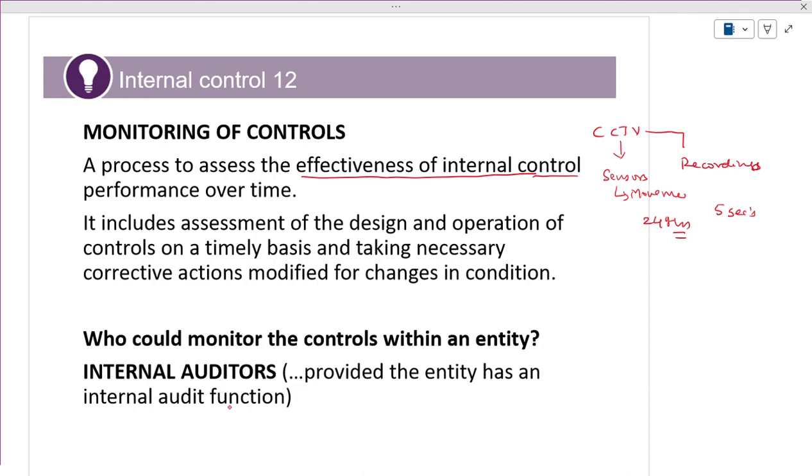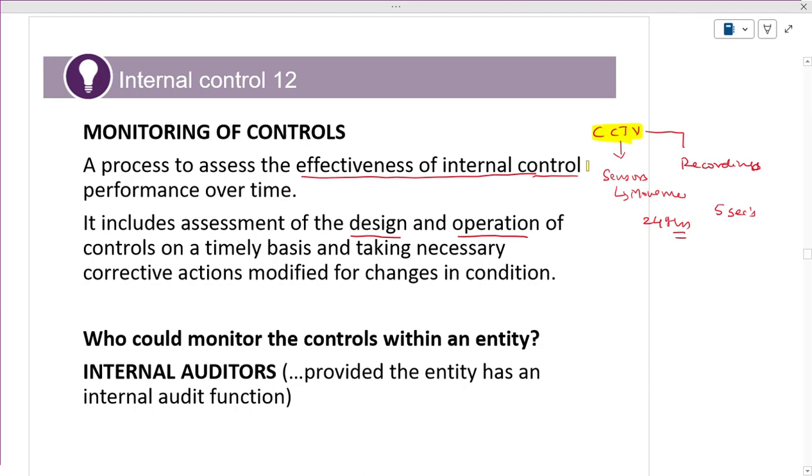A process to assess the effectiveness of it includes how it is designed, how you are making it, and how it is going to be operated. That is what we are monitoring in the control. Just installing CCTV cameras is not going to achieve our objectives.